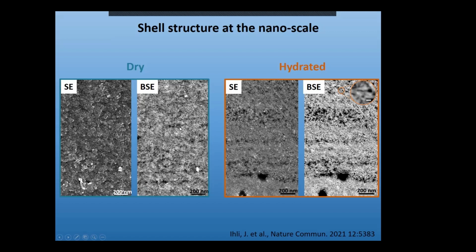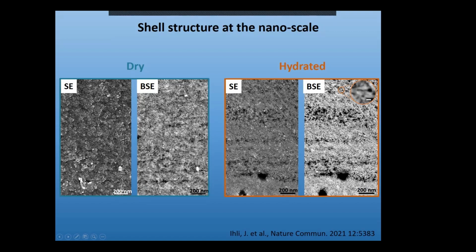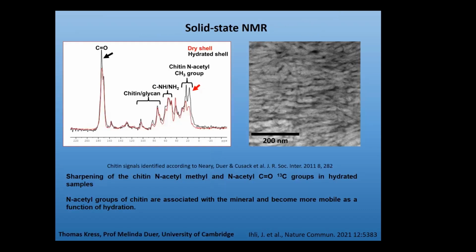Everything that is dark in the backscatter electron image is not a hole, it's basically organic material. And we see that the space between the mineral rods in the hydrated one is increasing quite significantly, which means that they're now slightly further apart, which is again showing the swelling of the organic material.